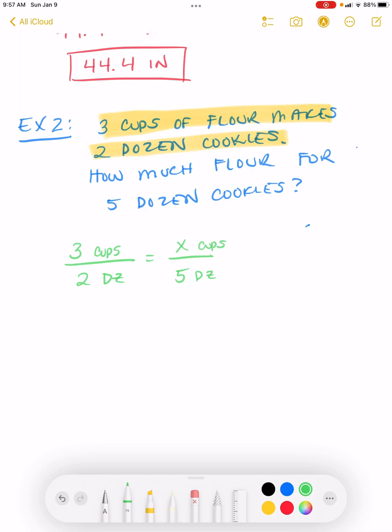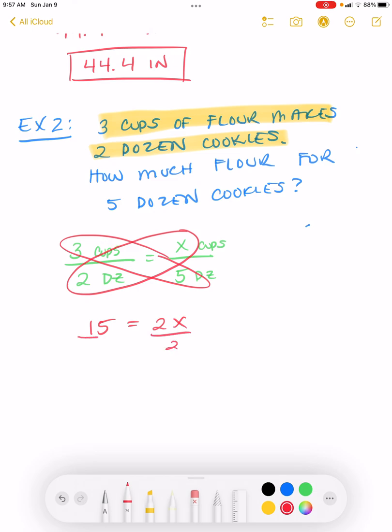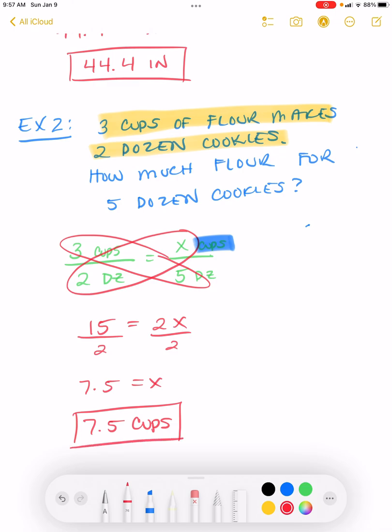Okay, so when I cross multiply, we're going to take 3 times 5 and get 15. 2 times x is 2x, and when I divide both sides by 2, 7.5 is equal to x. And again, that's why I use this unit right here, and I label it cups, so that I know my final answer is 7.5 cups. And I've given you now 2 examples with the x in the numerator, but if the x was in the denominator, it would work out the exact same way.